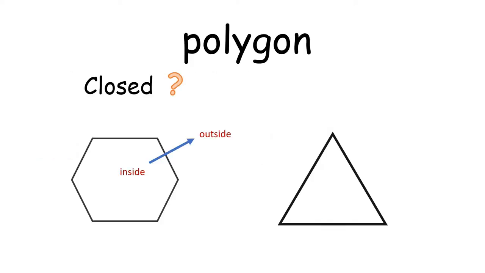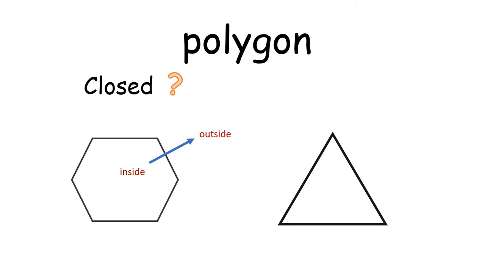Now, the next thing that we need to know about polygons is that they are closed shapes. So what does it mean for a shape to be closed? It means that the sides are all connected to each other, with no gaps and no way to go from inside to outside.